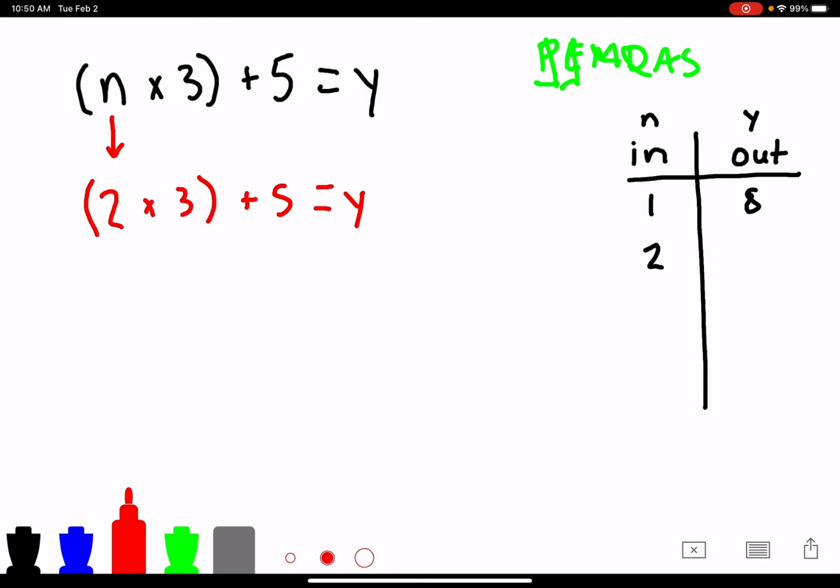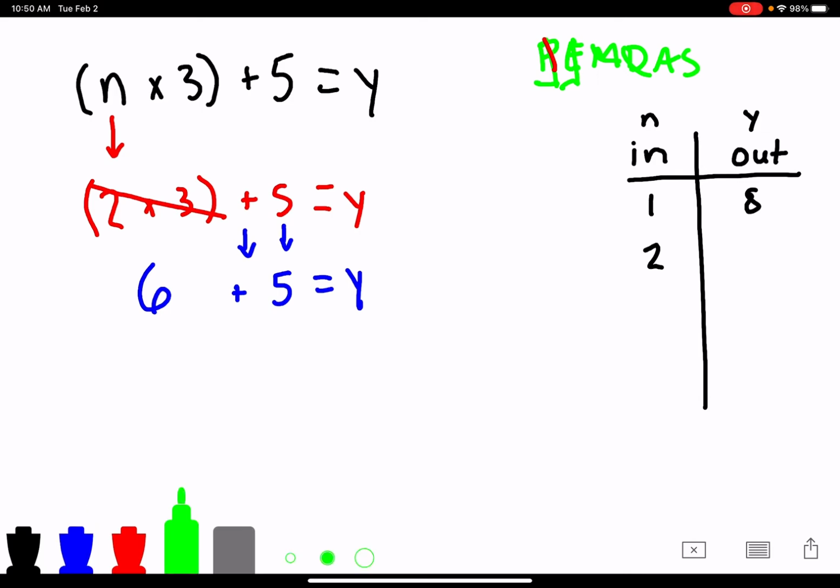We follow the order of operations, and we know that the P comes first. So we're going to solve the parentheses first. 2 times 3 is what we have here in parentheses. So the answer for 2 times 3 is 6, and I write that below, and I copy everything else exactly the same. Plus 5 equals y. So I know now that 6 plus 5 equals y.